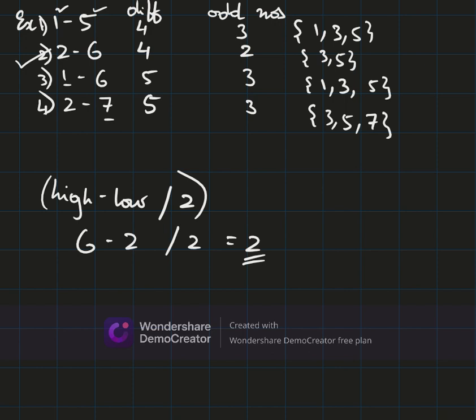So basically, if you try 4 minus 2 by 2, the answer would be 1 but the expected odd numbers is 3. And similarly, if you subtract 6 minus 1, it is 5, and 5 by 2 would give you 2.5, but the expected answer would be 3.